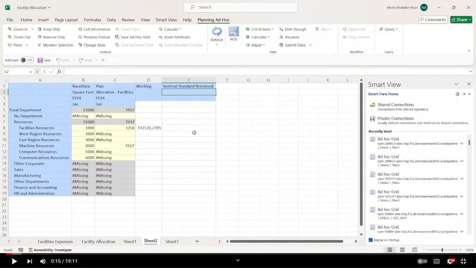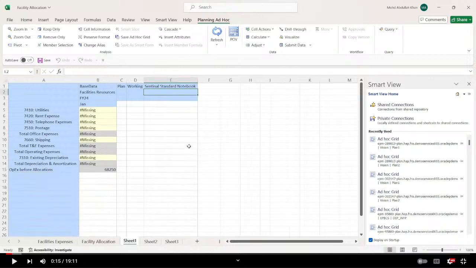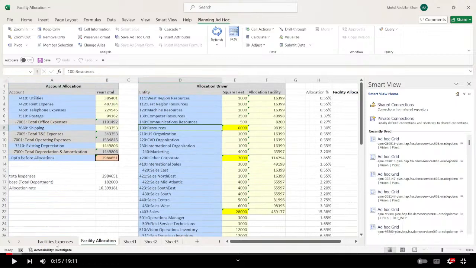Let's do it for 110 data, and in sheet 1 also let's do it for 110. Okay, no worries.